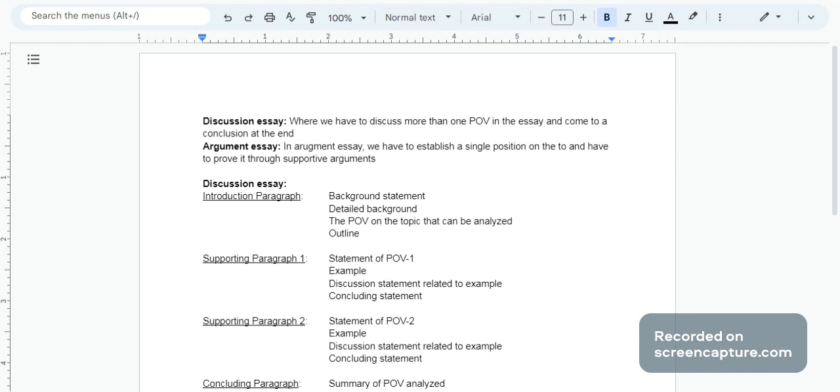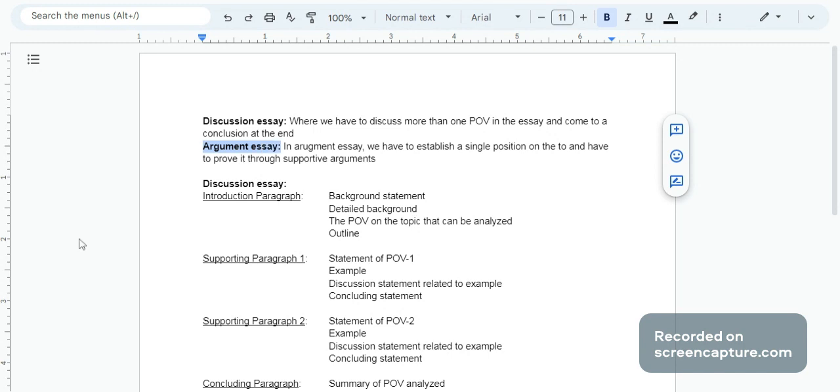So here you see there are generally two types of essay, and throughout my journey of preparation, I have only encountered these two types of essay: the discussion essay and the argument essay. What is the discussion essay?